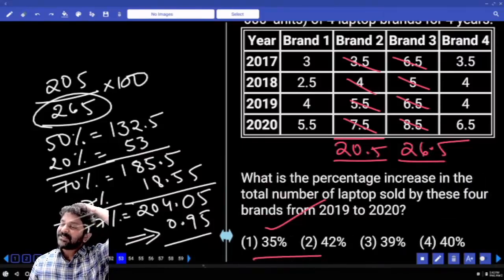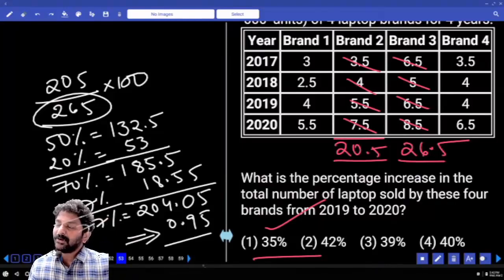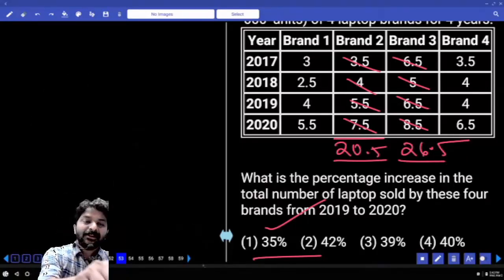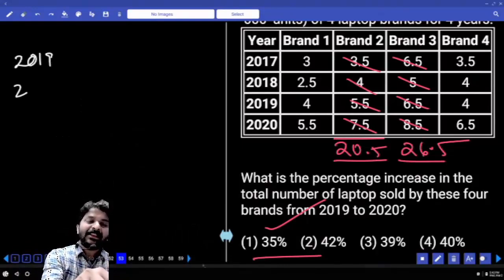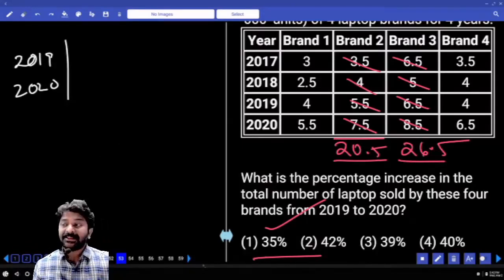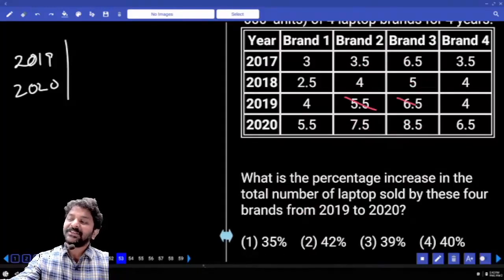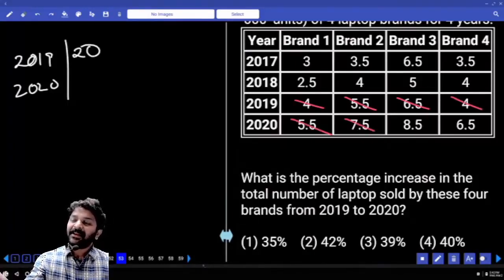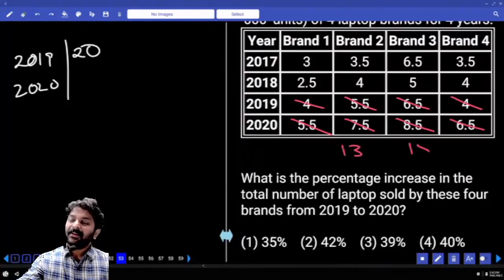What is the percentage increase in the total number of laptops sold by these 4 brands from 2019 to 2020? So 2019 and 2020 values we need. This is horizontal addition only. 5.5, 6.5, 12. 12 plus 8, 20. 5.5, 7.5, 13. 8.5, 6.5, 15.